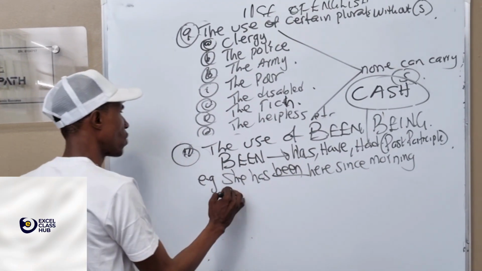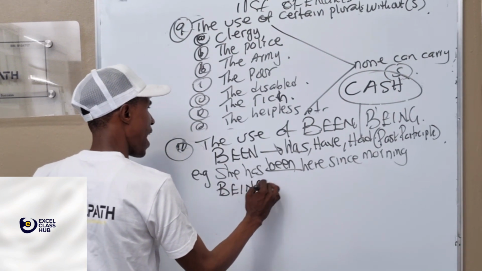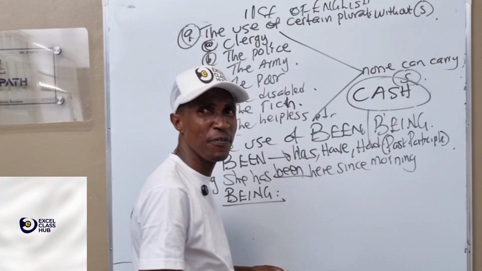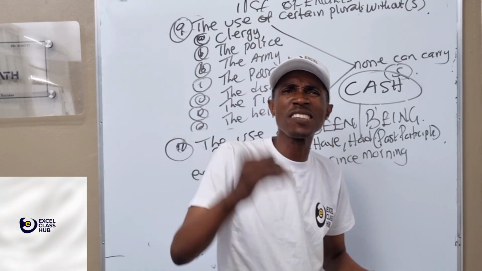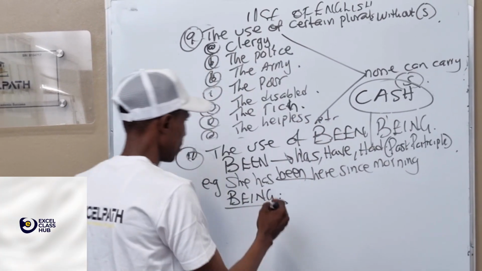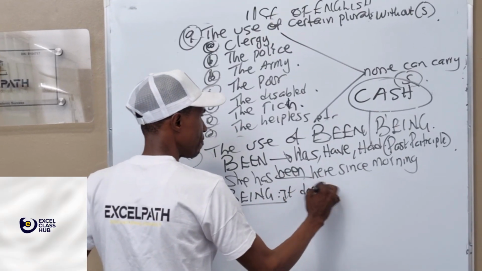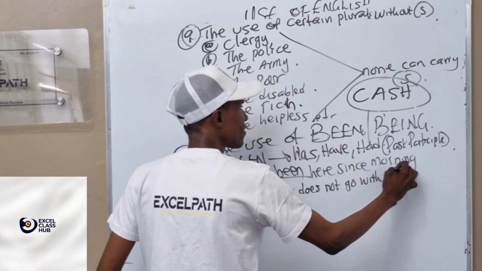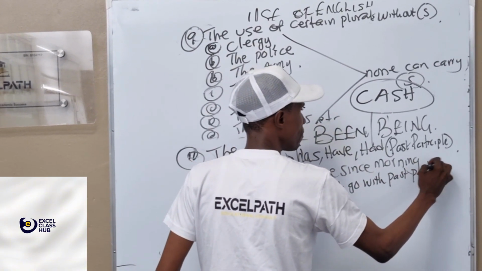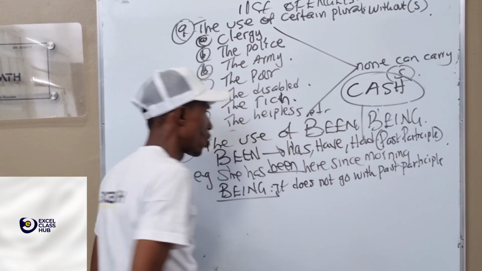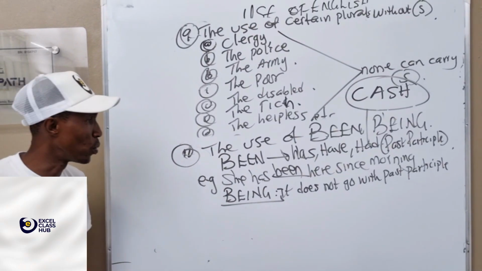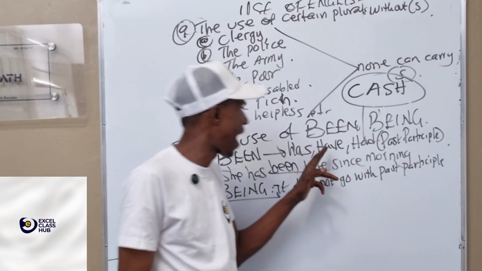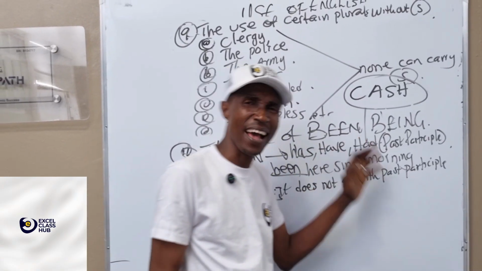But when you make use of your BEING, you only make use of it if it does not go with past participle. It does not go with what? Past participle. That is, it cannot go with has, it cannot go with have, it cannot go with had.